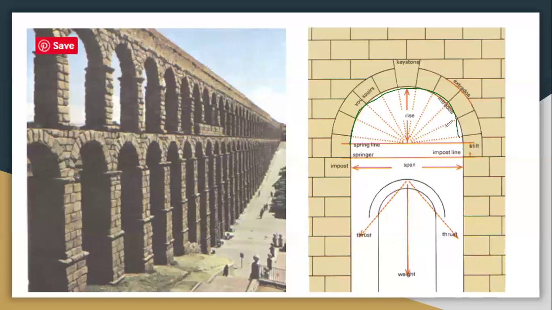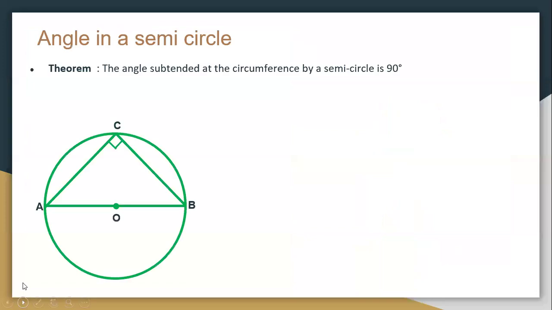To come up with this architectural drawing, they use these circle properties, for the computer work and other architectural drawings. Today our theorem is called the angles in a semicircle. That's where we are going to concentrate.